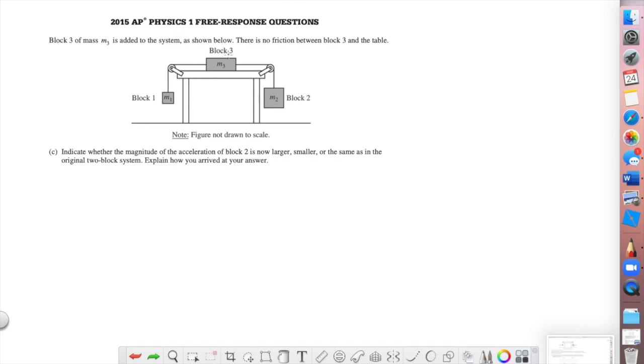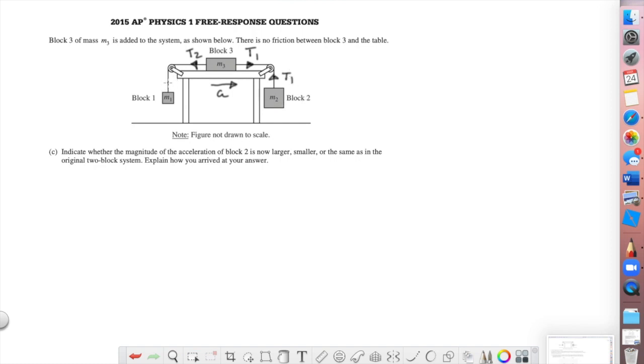Now which way is block 3 going to move? In fact, it's going to accelerate to the right, which means we have a tension pulling block 3 to the right. Let's call that T1. And we have a tension pulling block 3 to the left. Let's call that T2. So if it's a massless pulley, then we're going to have T1 over here as well, acting on block number 2.